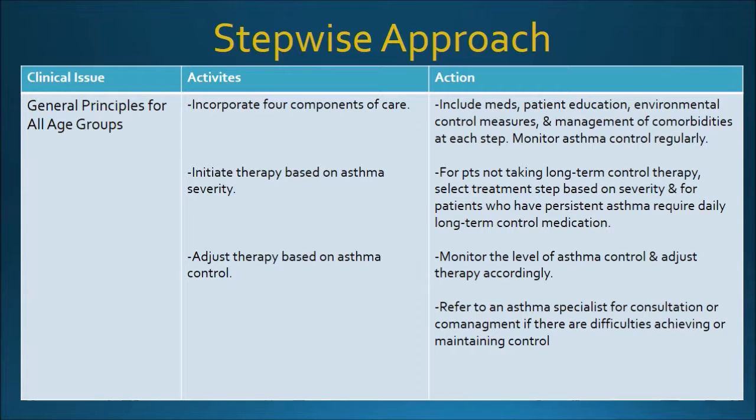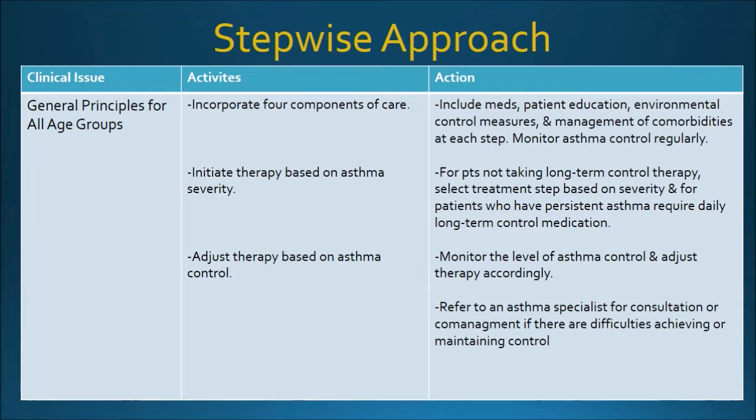So they're going to incorporate the 4 components of care, which we just went over. That includes the medication, education, environmental control measures, and management of the comorbidities in each step, and monitoring the asthma control regularly. We're going to initiate therapy based on asthma severity.